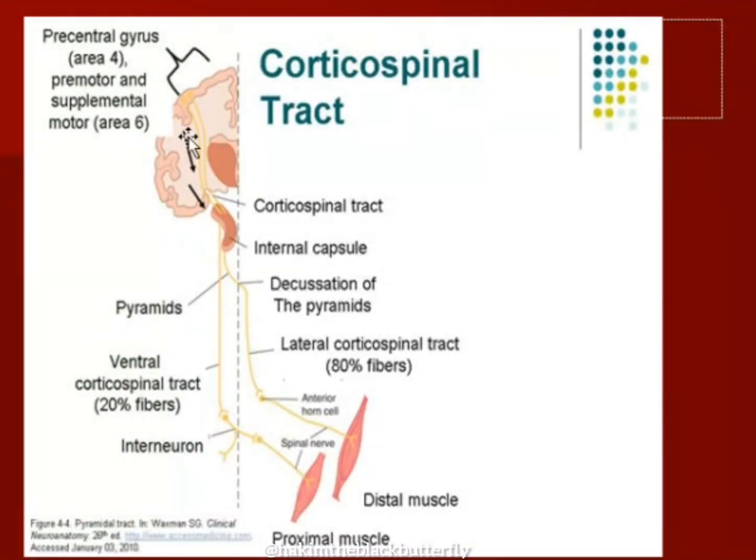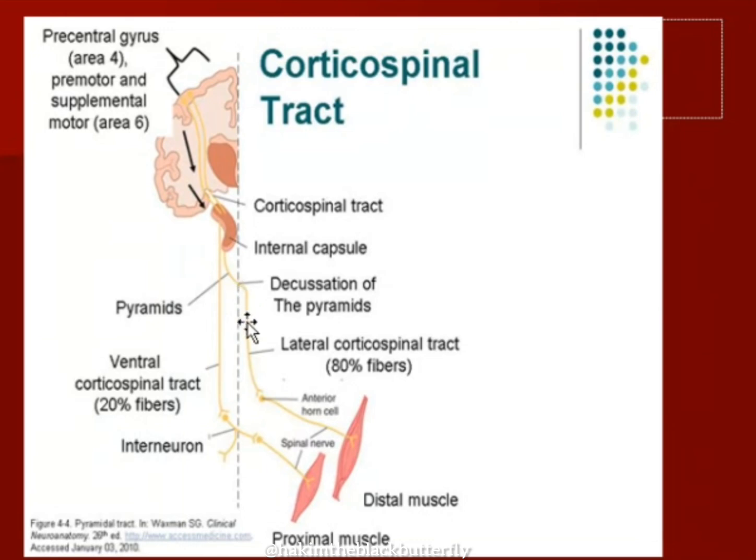This is another example of the corticospinal tract. You can see the motor areas of the cerebral cortex. Then they move down, and when they reach the pyramids, most of them cross. That is 90%. Some will say 80%, some will say 90%.